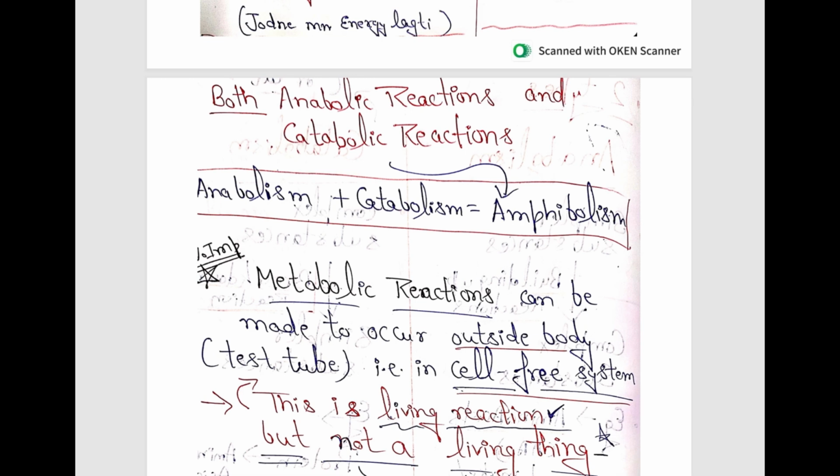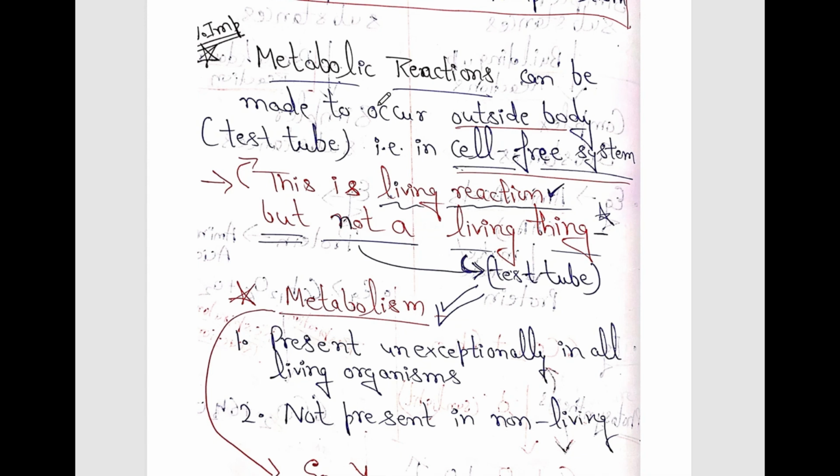This is not that much important. The important point is this: metabolic reactions can be made to occur outside, for example in a test tube, that is a cell-free system. Such reactions are neither living nor non-living.